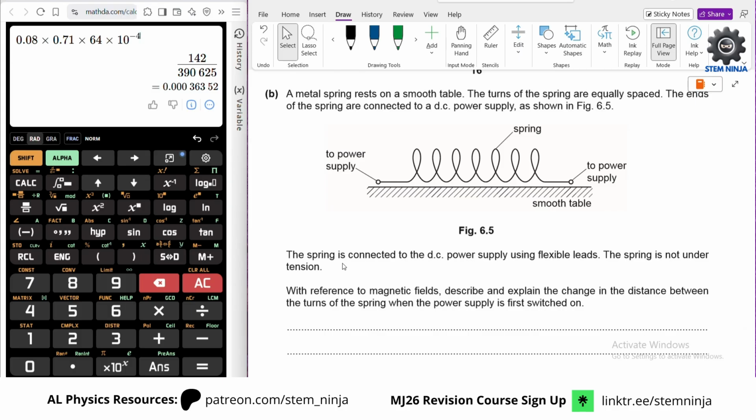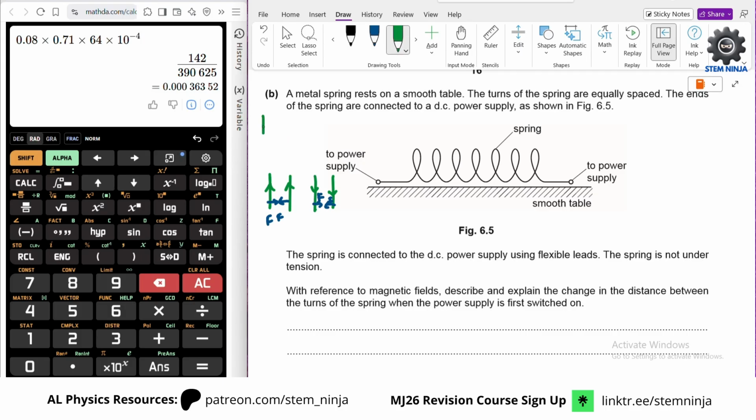So when it's first switched on, there will be a magnetic field developed in the spring. To understand this, remember, whenever we have two current carrying conductors, when the currents are in the same direction, the force between them will be attractive.